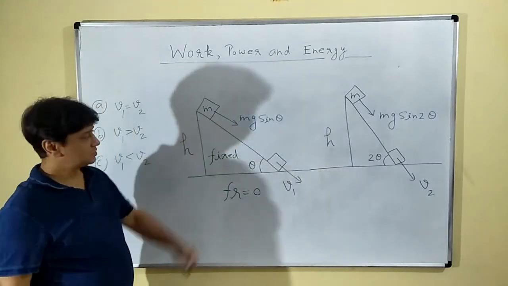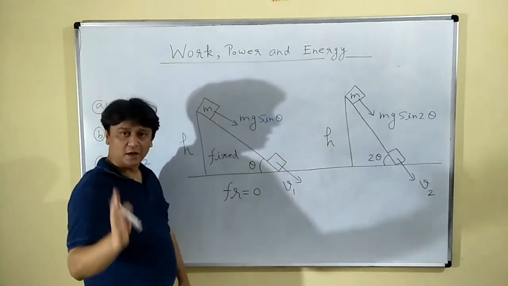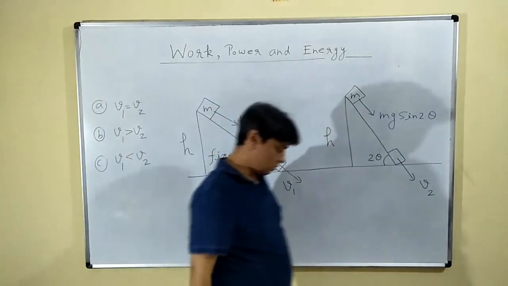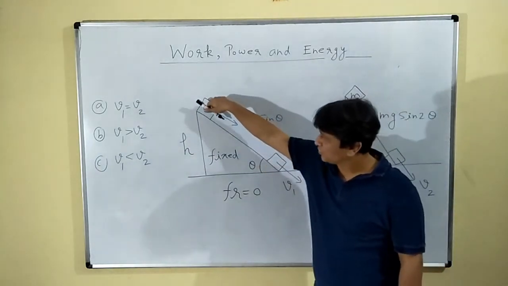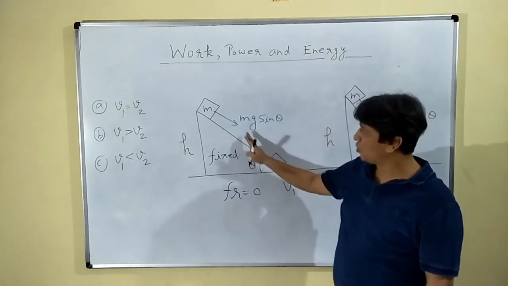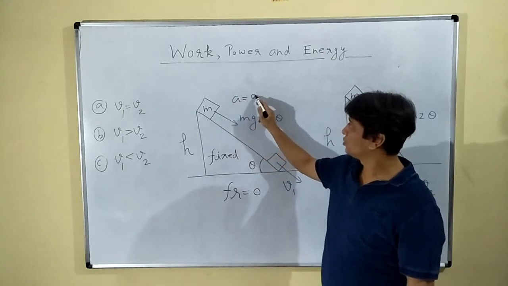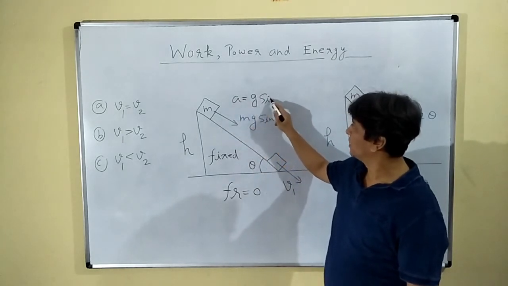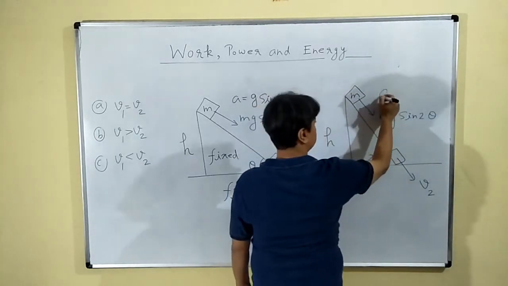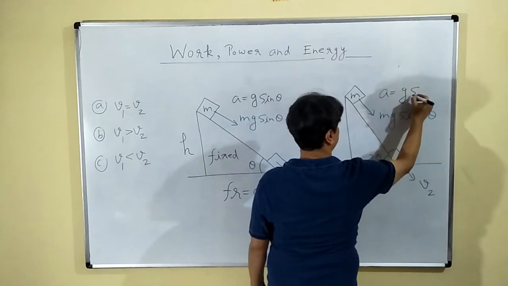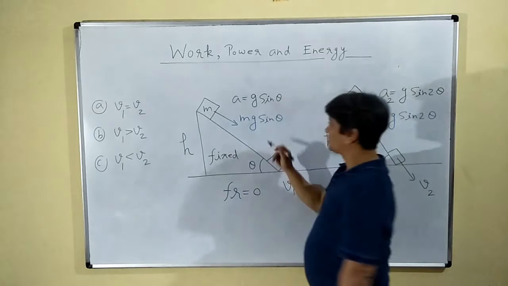Once you have got force, well, you know how to resolve these forces. अगर आइडिया नहीं है, then जाइए laws of motion और वहां देखिए किस तरह से हमने forces को resolve किया था. Because of this downward force, this m has an acceleration of g sine theta. This m has an acceleration of g sine 2 theta. Let's call it a2, let's call it a1.